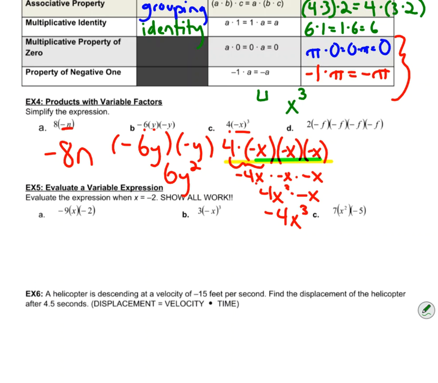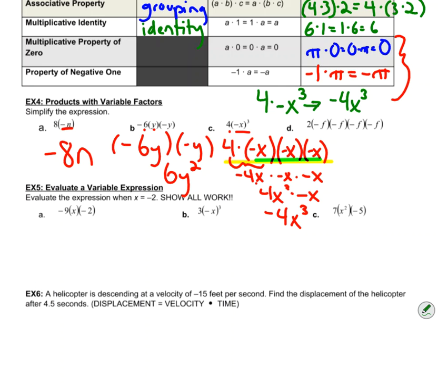And 4 is 4. But we have 3 negative x's, so an odd number of negatives. So this is really negative x cubed. So 4 times negative x cubed, I'd automatically think to myself, that's negative 4x cubed.